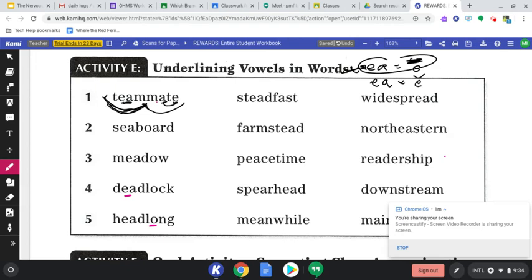T-E-M-8. Okay, this one, steed fast. That doesn't sound right to me. So we go fast. Steadfast is the word.